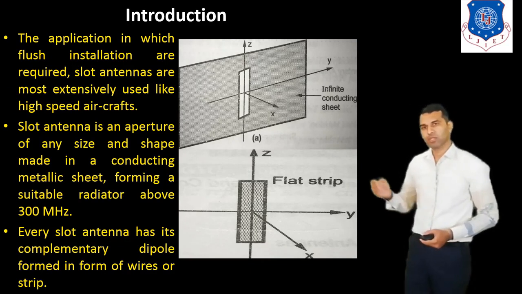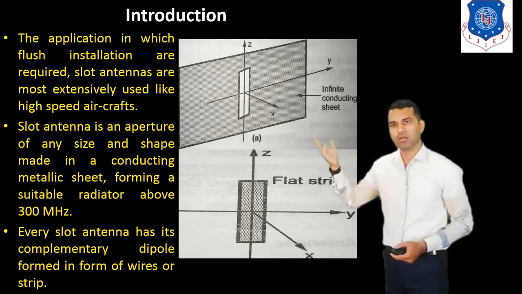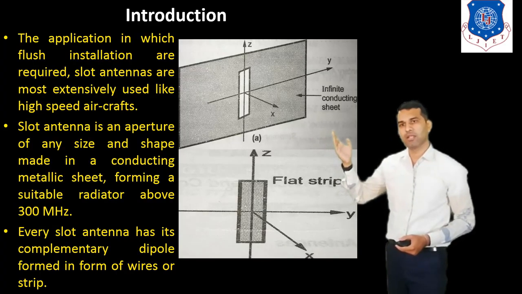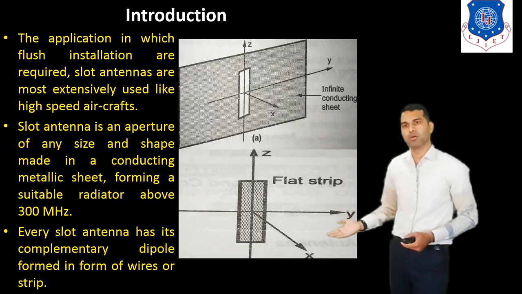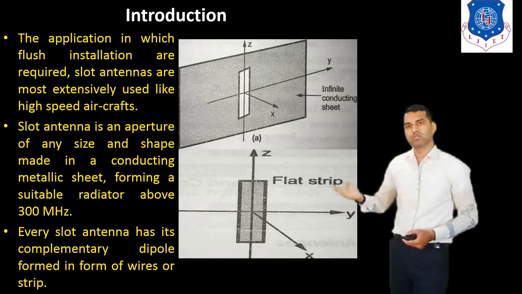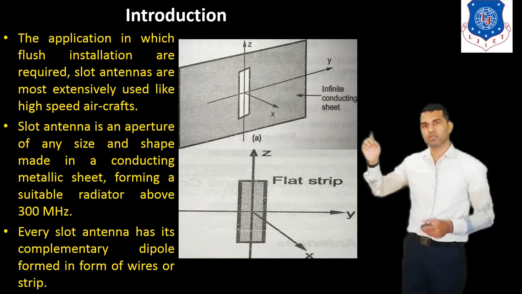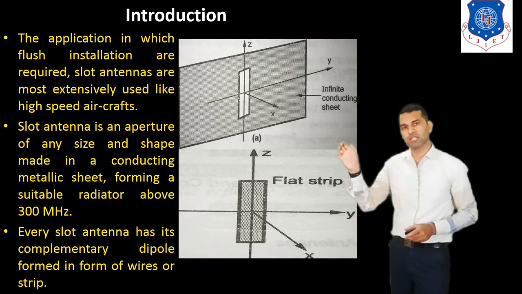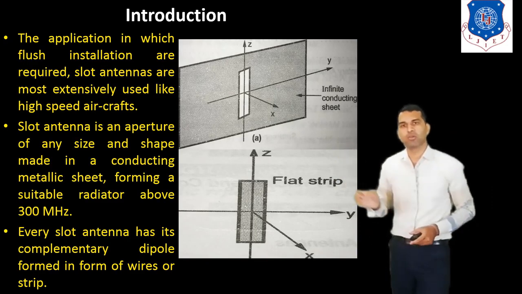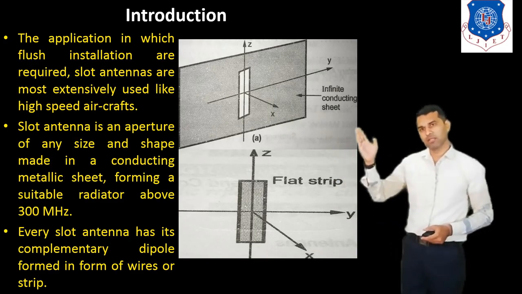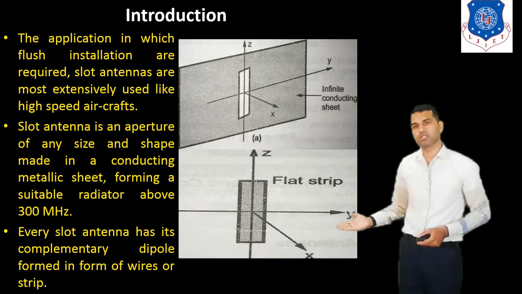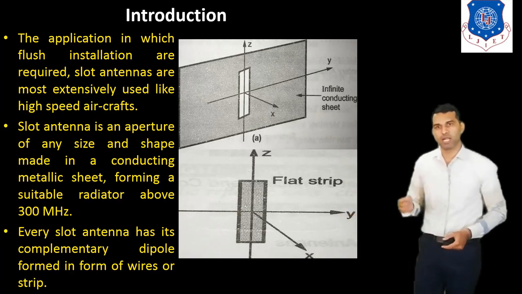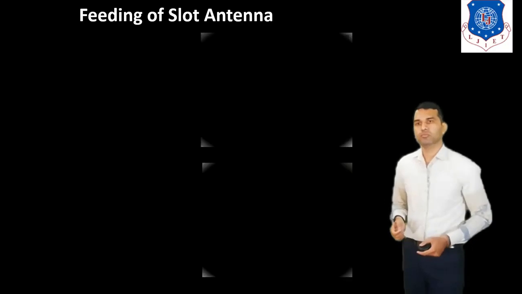So here we can see this is the slot antenna and this is the complementary dipole for this antenna. A slot antenna is nothing but one sheet from which we have cut one slot. That's why it's known as a slot antenna. And this slot we can see here is known as the complementary dipole for that antenna.